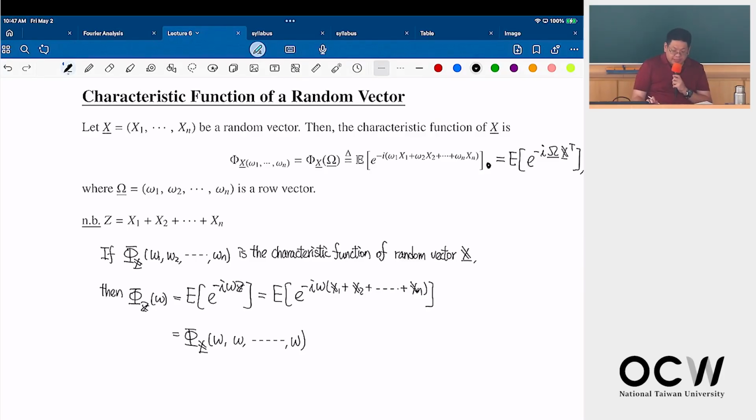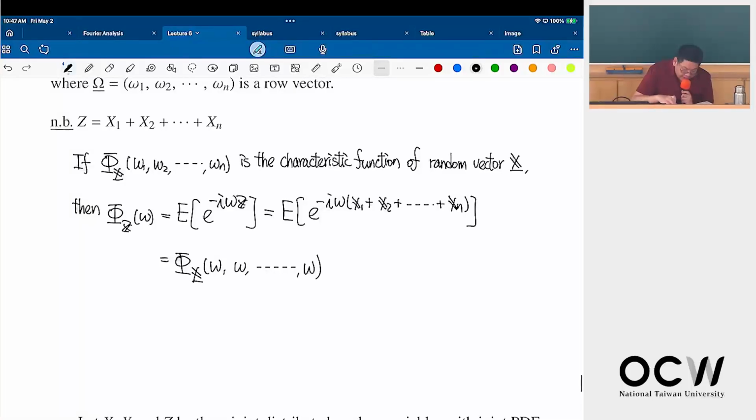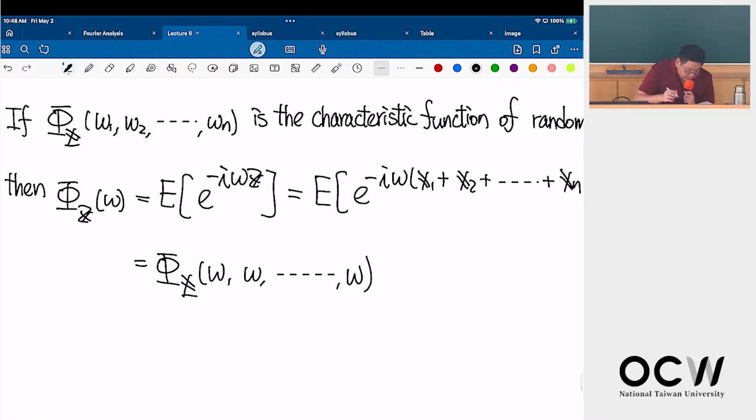Then if x1 to xn are independent, how do I simplify the characteristic function of the random variable z?